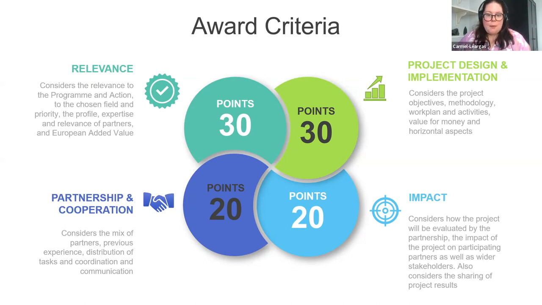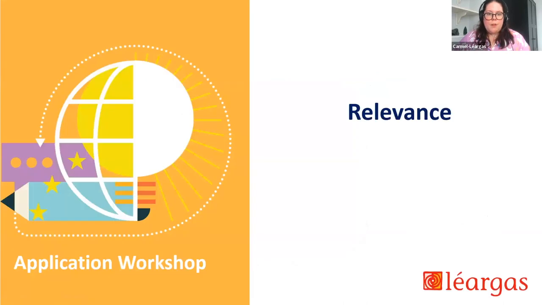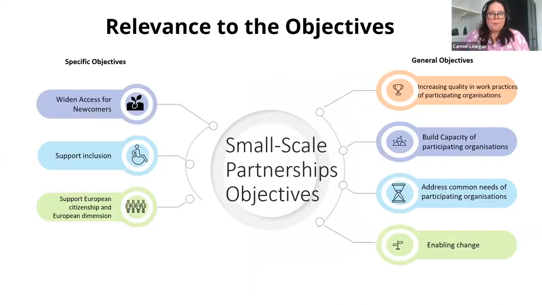So let me go to the next slide. So going into relevancy a little bit better. The specific objectives of small scale partnerships are to widen access for newcomers, support inclusion, and support European citizenship and the European dimension.